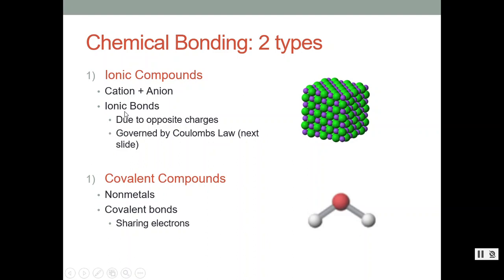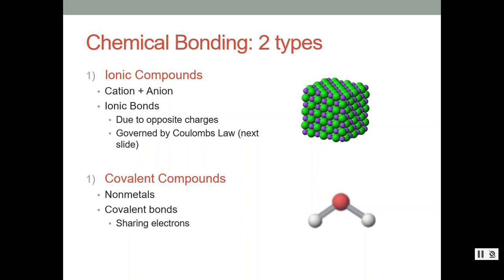And so those ionic bonds are due to attractions between opposite charges. Whereas in covalent compounds, those atoms are bonded together through the sharing of electrons, and covalent compounds are primarily nonmetals.